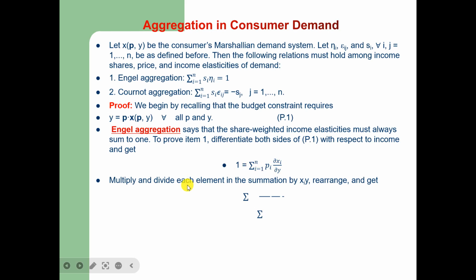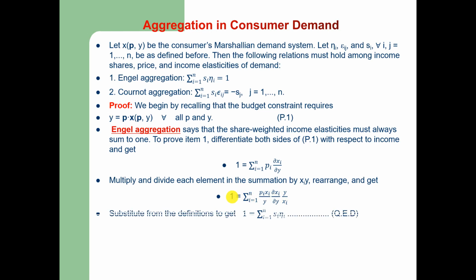If we multiply and divide each element in the summation by xi and y, and rearrange, then we get the summation from i equals 1 to n of pi xi divided by y, which is the income share or proportion of consumer income spent on good i, times the income elasticity of demand for xi, and that must be equal to 1.